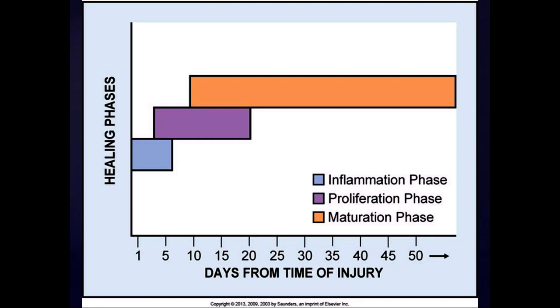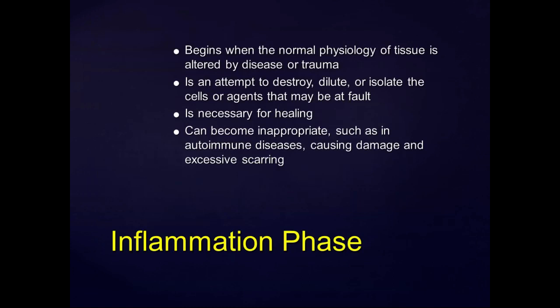The proliferation phase, it's sort of our protection phase, where the wound is healing, but the tensile strength is really low. During the maturation or the return to function phase, that's when we can really do some good functional stresses to the remodeling area and affect how that tissue lays down.